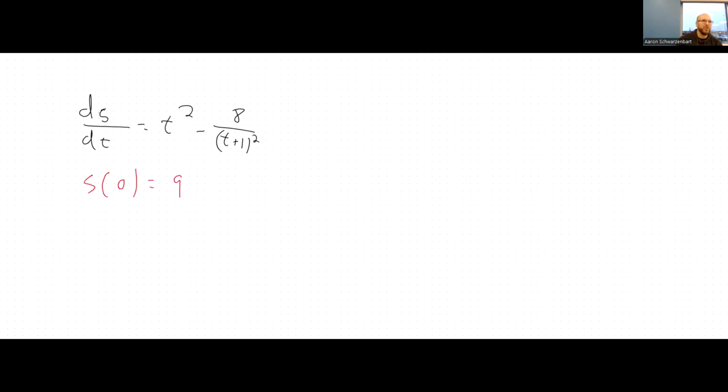This is one-dimensional motion, so it's essentially moving on a horizontal axis. What is the particle's position? So we're using our same equation here. It asks for s of 1 and s of 5.